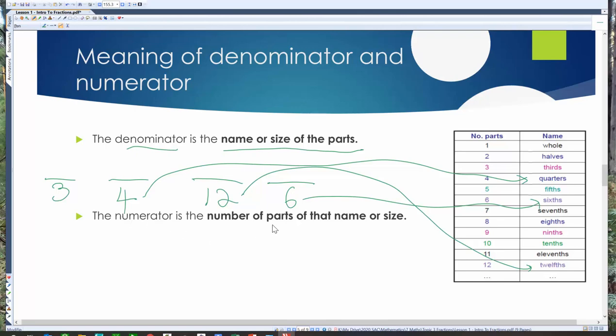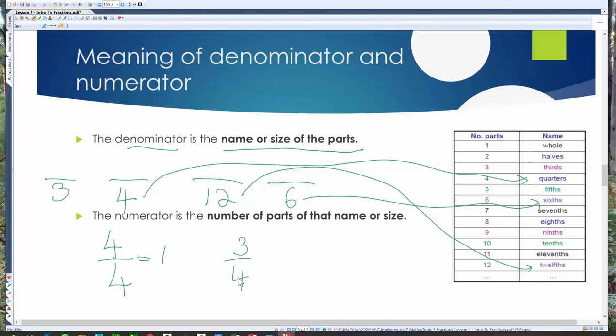The numerator is the number of parts of that name or size that you have. Thinking about a game of netball, a game of netball is in 4 parts and if you had 4 of those parts, i.e. you played 1 game. You could also have 3 of the 4 parts, so the numerator there is 3.